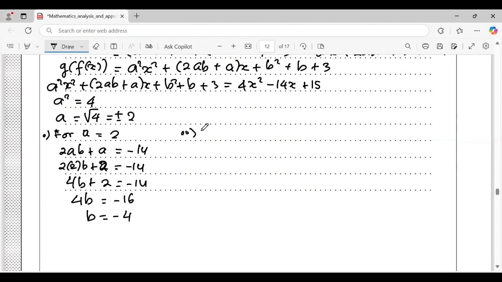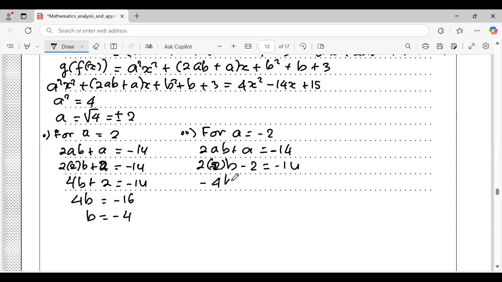The second condition, for a equals minus 2, in 2ab plus a equals minus 14, substitute minus 2: 2 multiplied by minus 2, that's minus 2 here, b minus 2 equals minus 14.